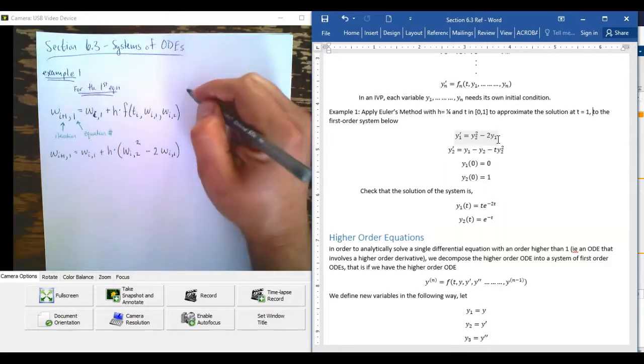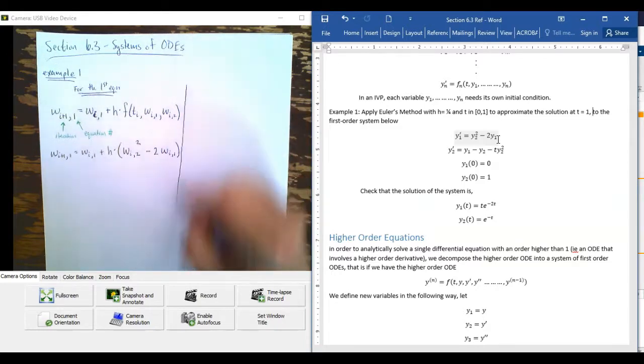For the second equation, do the same kind of thinking. We do them side by side here.